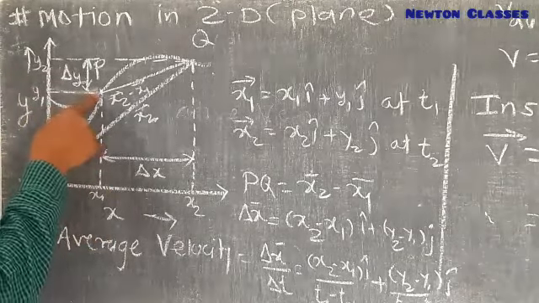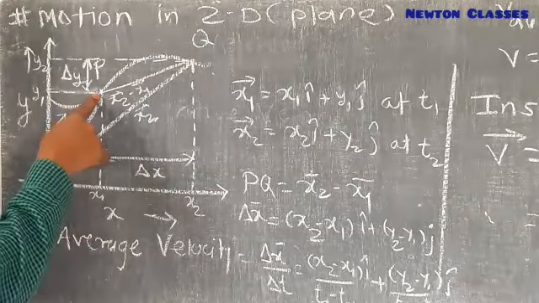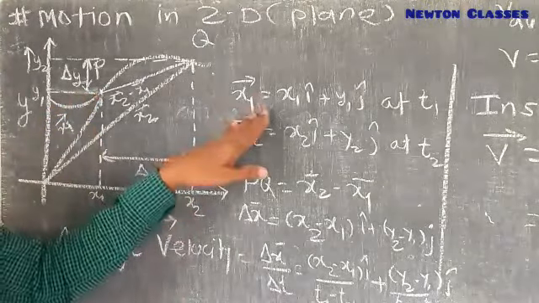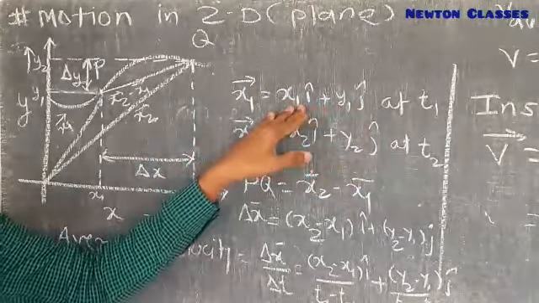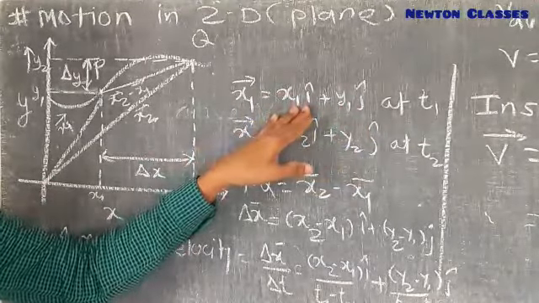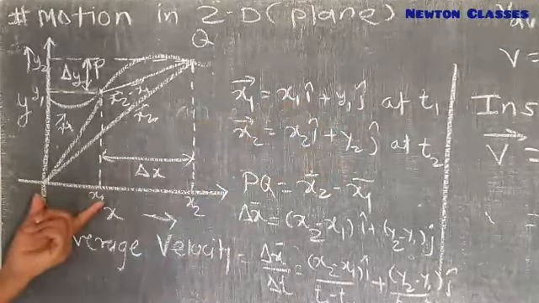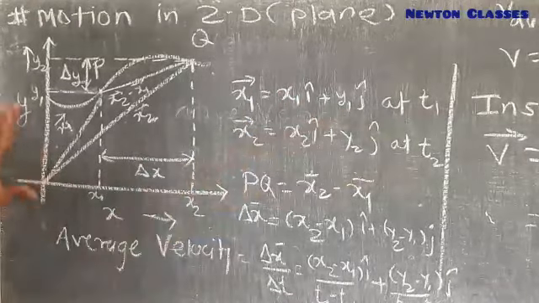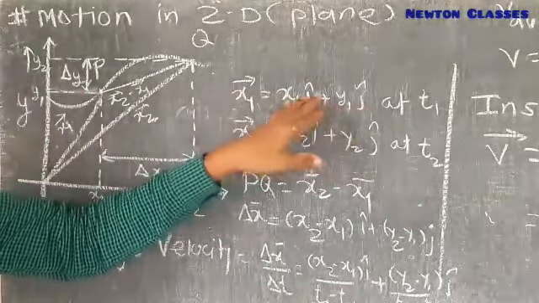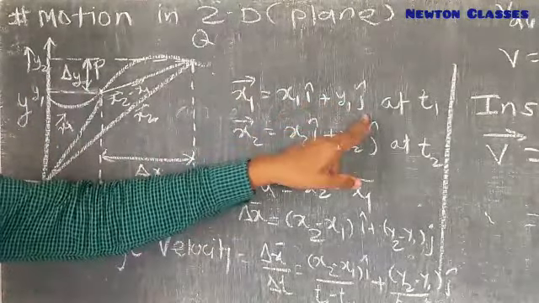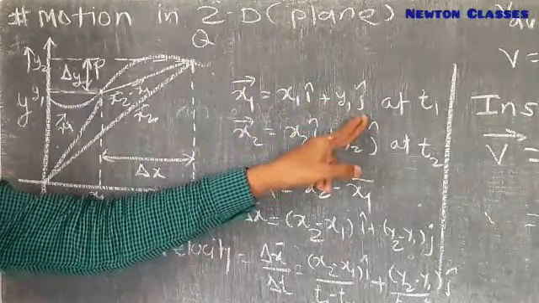Suppose at position P the particle has displacement x1 bar, denoted by x1 i cap plus y1 j cap. Here x1 is the component of the displacement along the x direction, y1 is the component along the y direction, and i cap and j cap are the unit vectors along the x axis and the y axis.